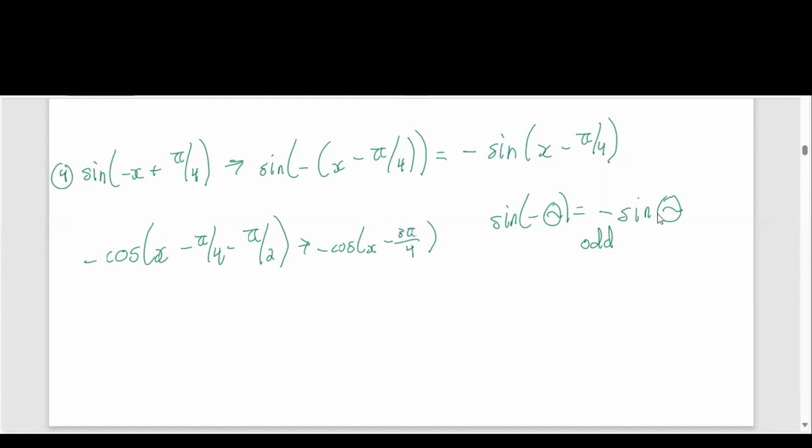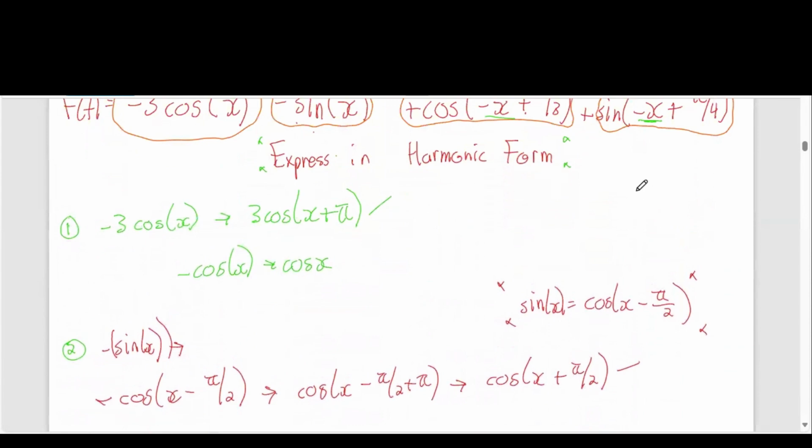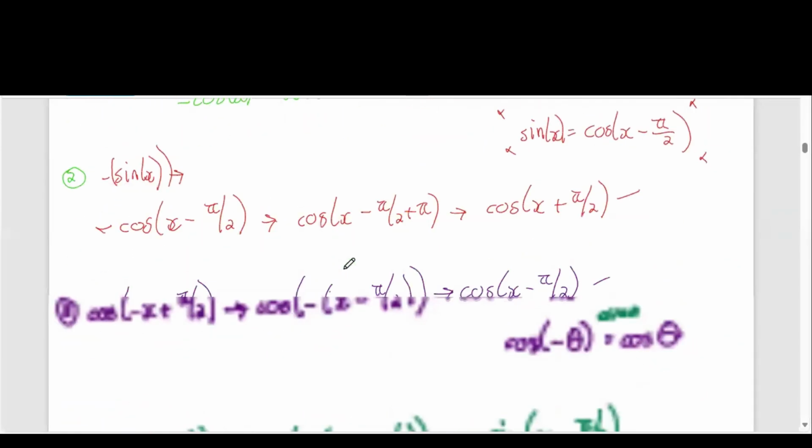Right. So nice. So the last thing we have to get rid of is the minus in front of the cos. And just like we did before, if we want to get minus cos, so cos x, we have to plus pi.